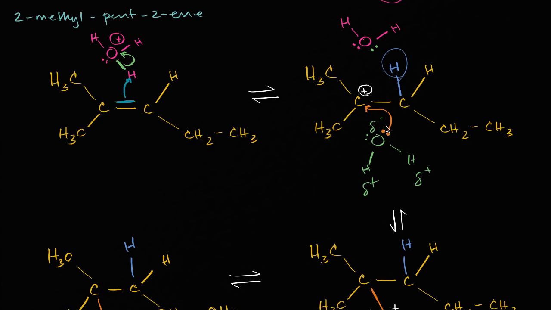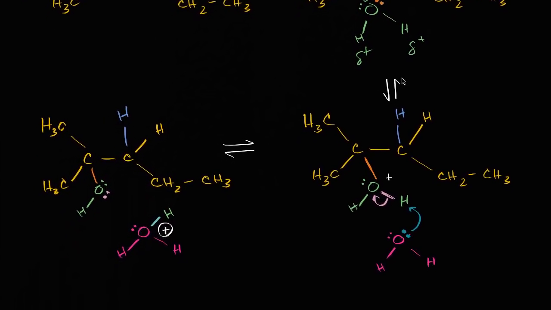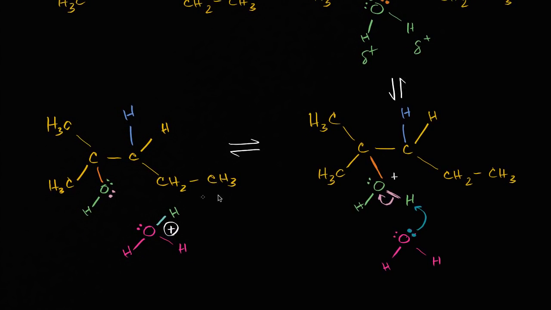So you could view it as maybe it's giving away an electron, and so now it becomes positive. And then the positive charge finally gets transferred to that other water molecule when it becomes hydronium.